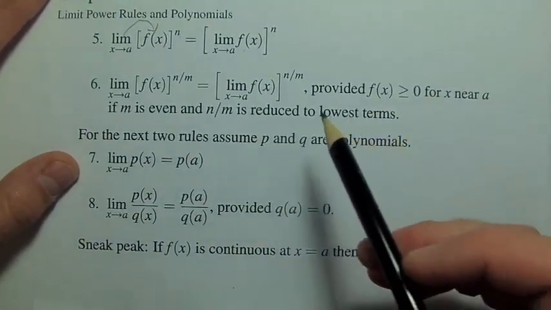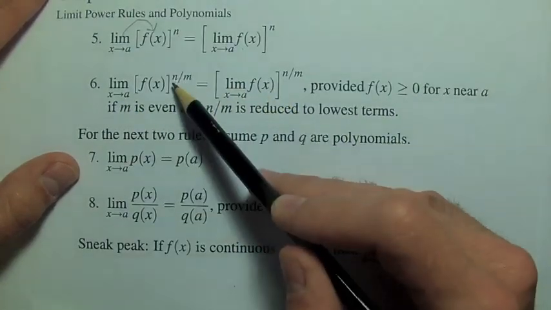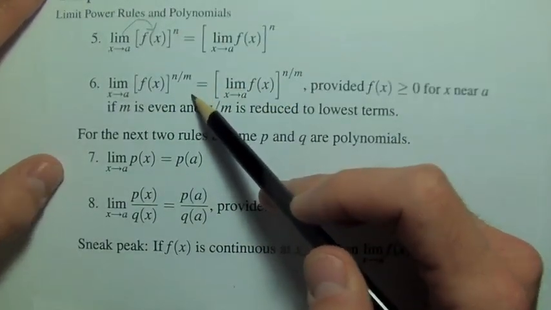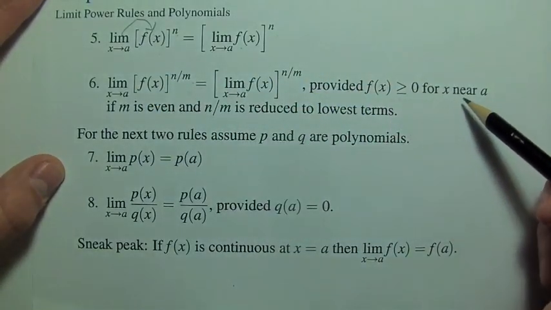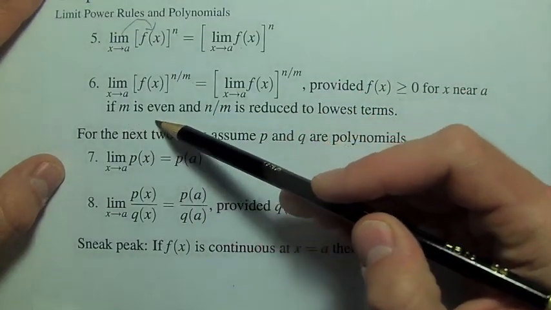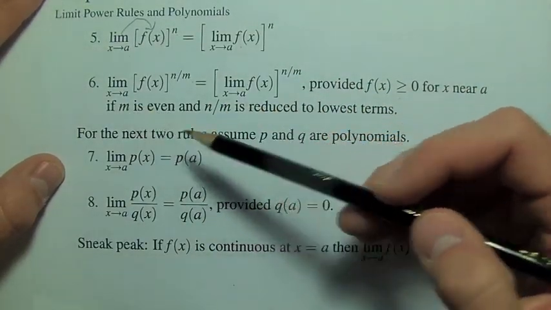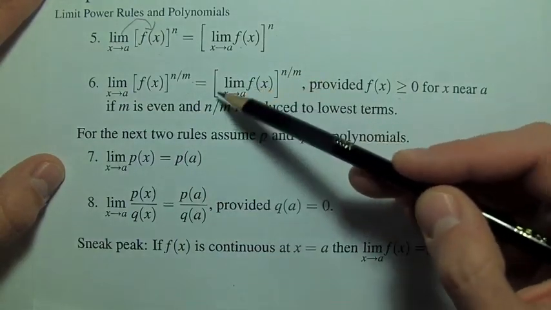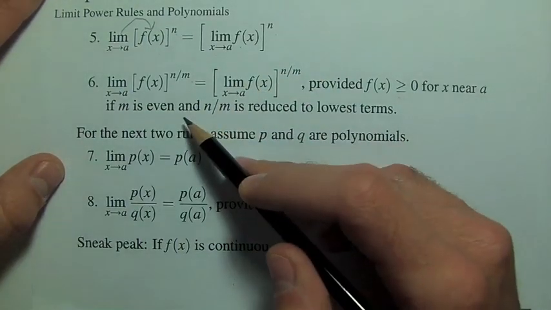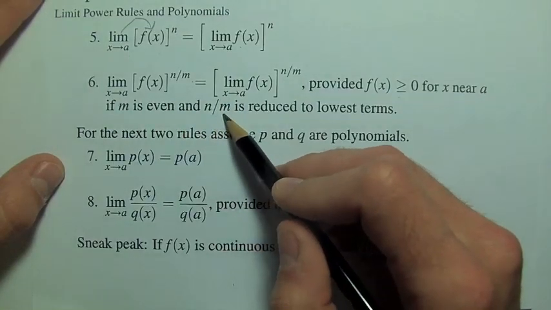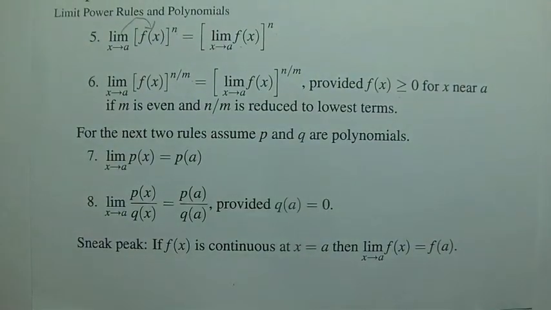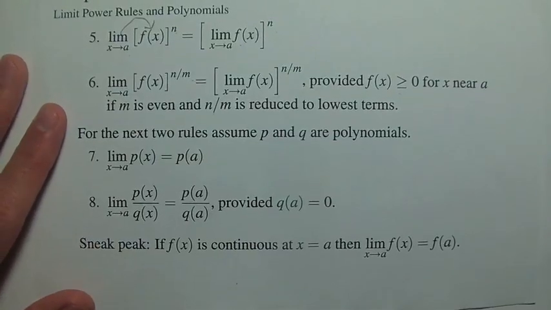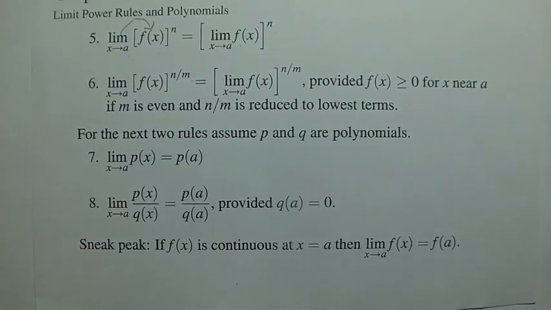And we can do the same thing if I have a fractional power. And this is provided f of x is greater than or equal to 0 for x near a, if m is even, because if m is even, we need what's in here to be greater than or equal to 0. And if n over m is reduced to lowest terms, that's just covering our tracks. We just need to make sure that the limit exists and that everything's nice and continuous.